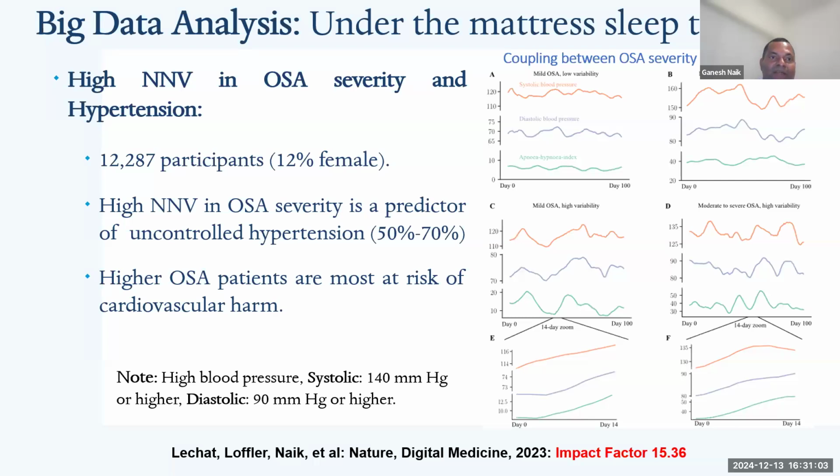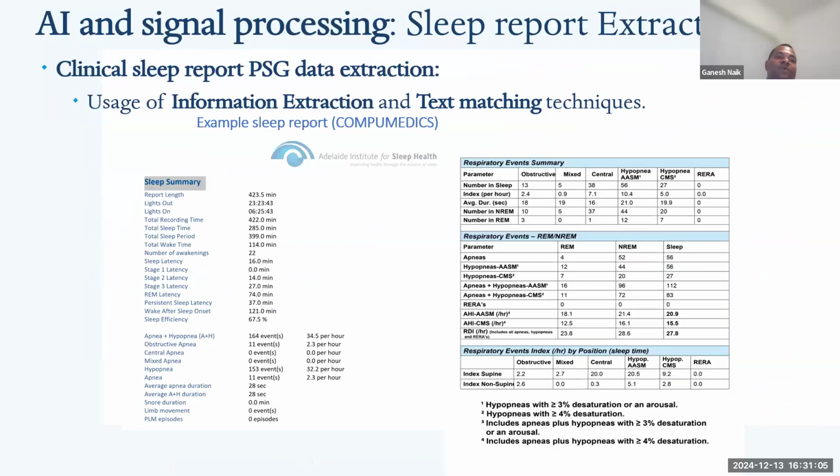The next one, I'm going to talk about the AI applications and signal processing. The first one is the sleep report extractor. In a normal sleep study in the clinics, they use several sensors and several parameters.